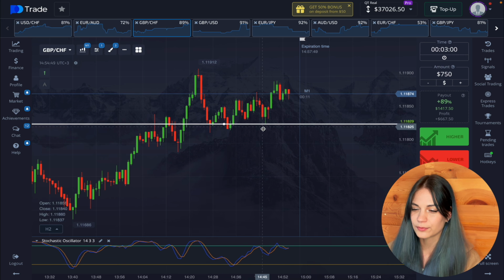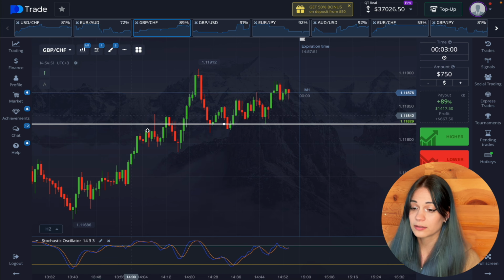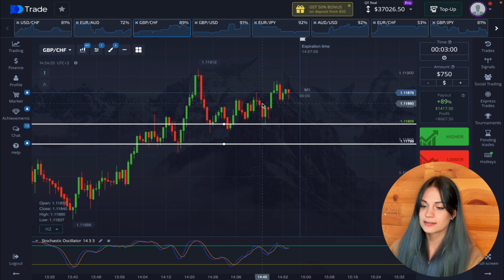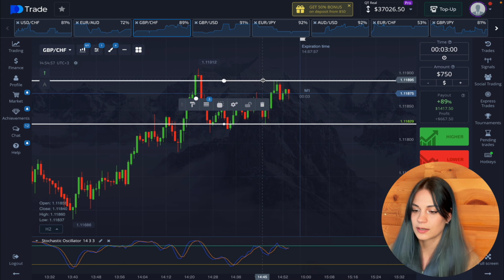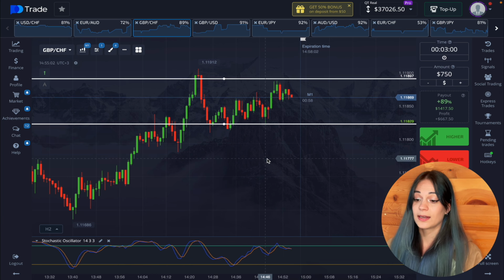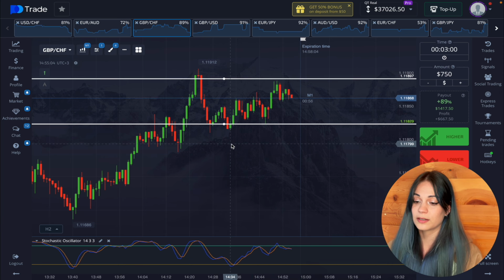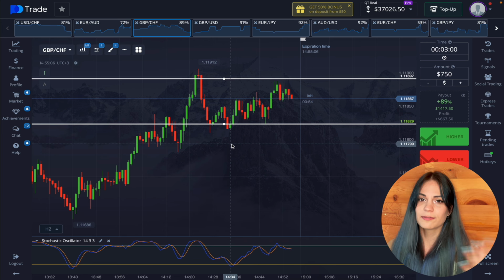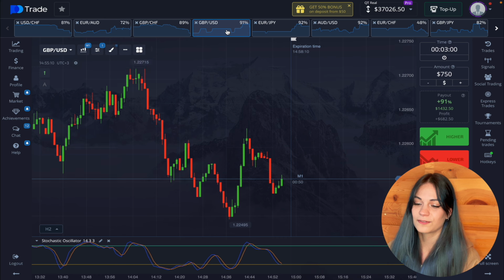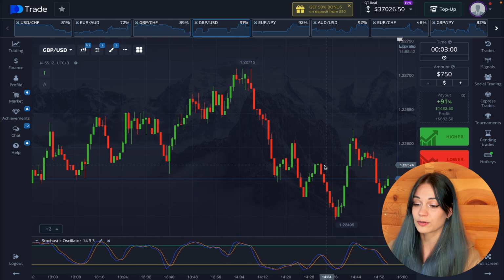We see a couple of lines of rejections, and the second one is going to be the resistance line. It's going to be right here on the chart. Okay, great. Now the same thing I'm going to do to every other currency pair. And let's try to find the point to enter our first deal.